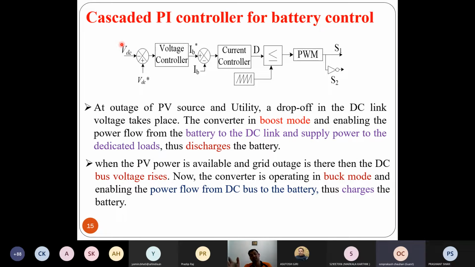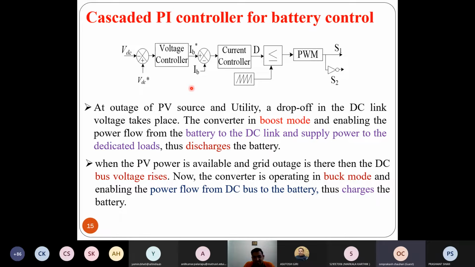So in a simple grid connected system, we are having a DC bus with the VSC control. But in case of a battery PV based system, the DC bus control will be switched to the bidirectional converter control, as we have to control the charging and discharging of the battery. So whenever it is more than the reference value, the battery will be charged.